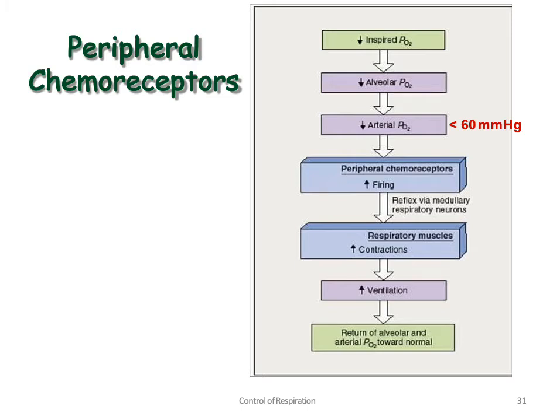If the partial pressure of oxygen is less than 60 millimeters of mercury, this will activate the peripheral chemoreceptors, and this will produce a reflex via medullary respiratory neurons, and will signal the respiratory muscles to produce more contractions.